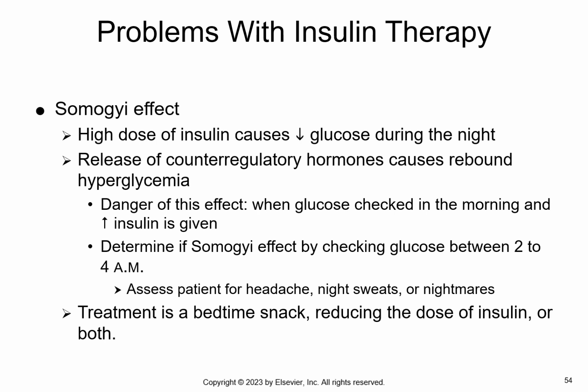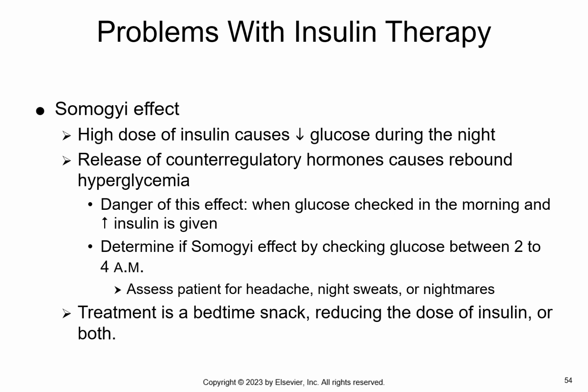The danger of this effect is that when glucose levels are measured in the morning, hyperglycemia is present and the patient or the healthcare provider may increase the insulin dose. If a patient has morning hyperglycemia, checking glucose levels between 2 and 4 a.m. will help determine if the cause is the Somogyi effect.